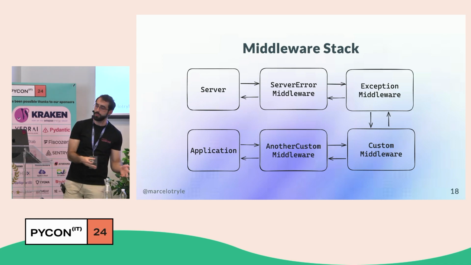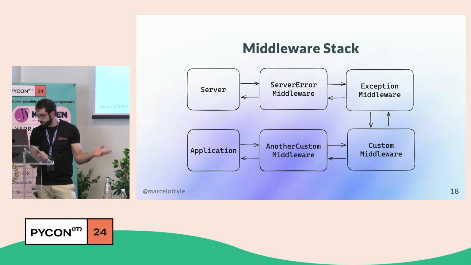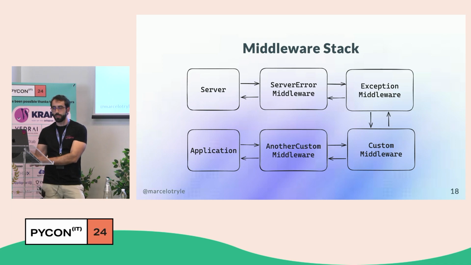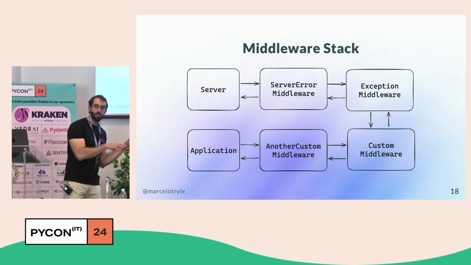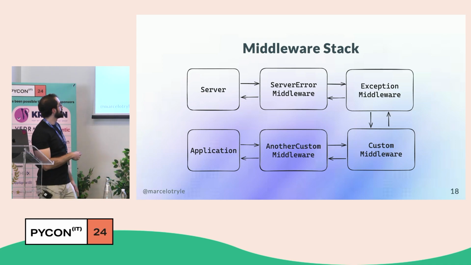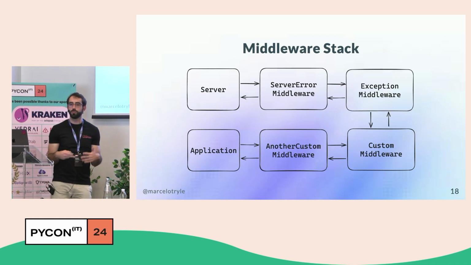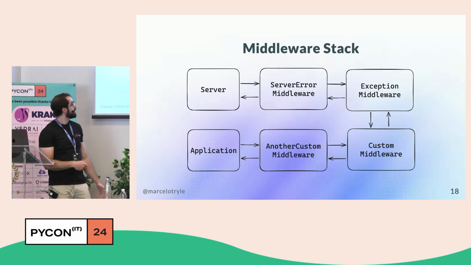So you need some kind of wrapper. It could have been in the server, in Uvicorn, but it doesn't happen like that. Based on the spec, we have that handling on the application. So the server error middleware just makes sure that we have a 500 on the client side.